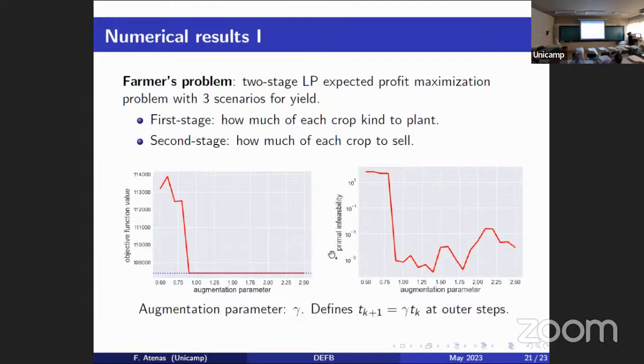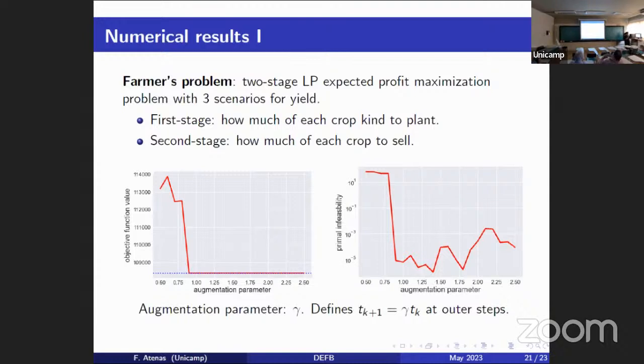And here on the right, we have the primal feasibility. And we can see here that we cannot be too aggressive, right? Because if we have this too large, then, well, it's still kind of 10 minus 3. Okay, but as long as we are not too aggressive, we are obtaining good results for the objective function and also good results for primal feasibility.